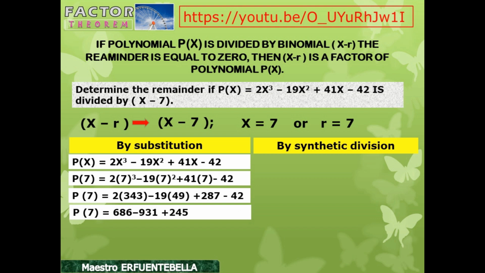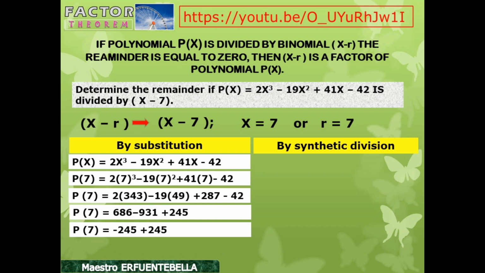After simplifying, p of 7 now is equal to 686, that is the product of 2 times 343, minus 931, the product of 19 times 49, plus 245, the sum of 287 minus 42.